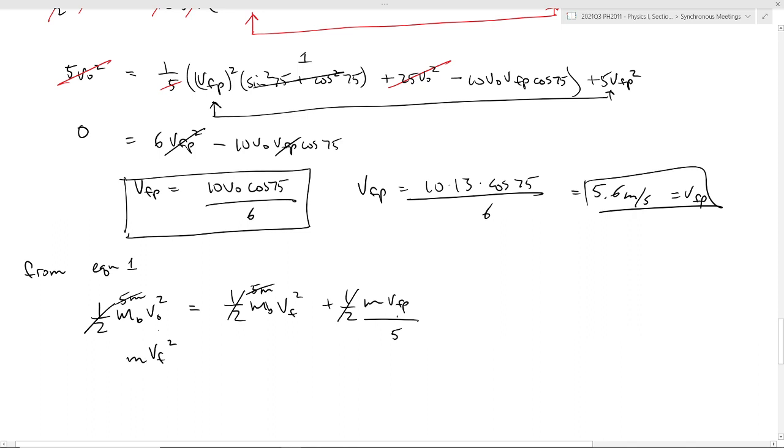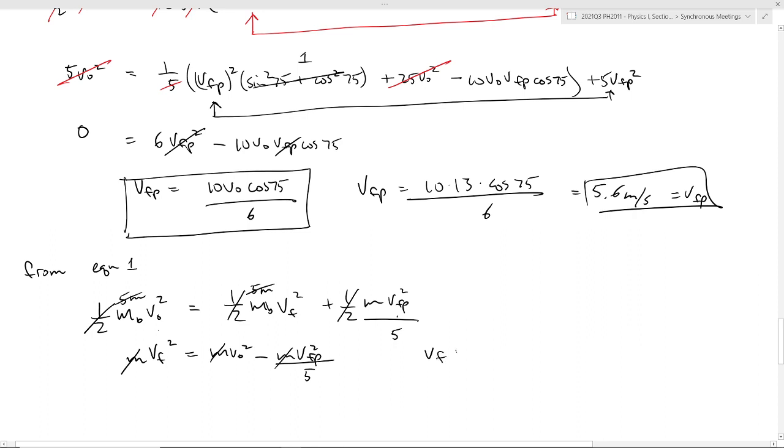So we would have m v_f final squared is going to equal m v naught squared minus m v final pin squared over 5. And then that means we can also cancel out the m, of course.